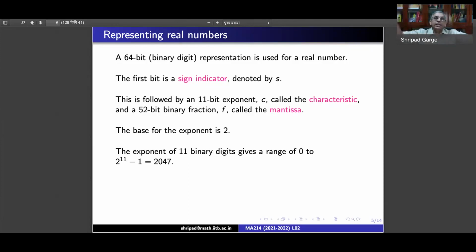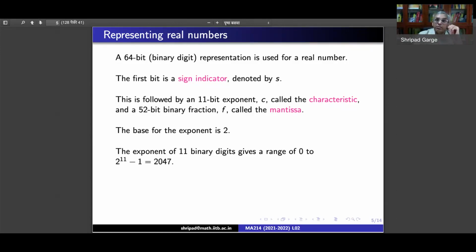That's the highest number that you can represent with 11 bits. And 1111 for all of those 11 bits will give you 2 power 11 minus 1, which is 2047. So you can have 2 power 0 to 2 power 2047. This is the characteristic, the exponent that we get.